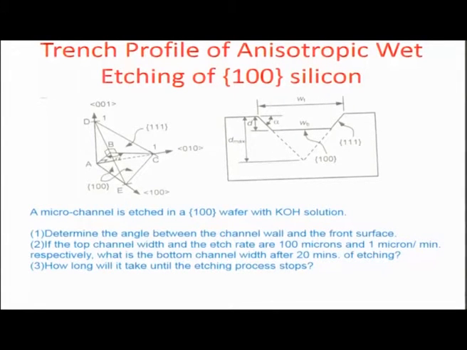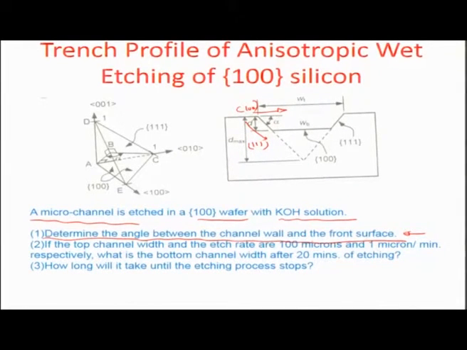So here in this example problem we are trying to etch, using an anisotropic etching process, a microchannel in the 100 wafer, and we are etching with a KOH solution, and we want to determine what is the angle which will be formulated between the front surface, that is the 100 direction, and the 111 direction, okay, the front surface of the principally grown direction of the wafer and the channel wall direction. So obviously the two vectors which are representing these two directions are discrete, and so we can take a dot product of these vectors and try to see what is the angle between them.